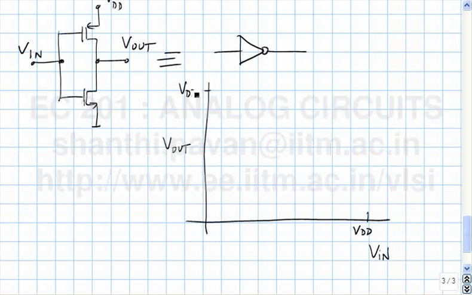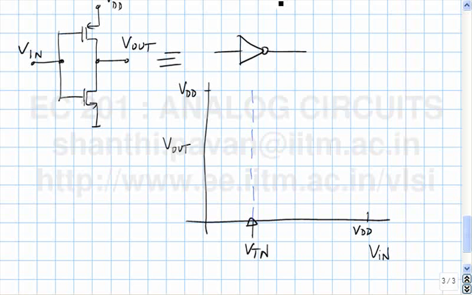Vin is 0. In what region of operation do you expect the NMOS transistor to be? It is cut off. So when Vin is less than VTN, the NMOS transistor is cut off.